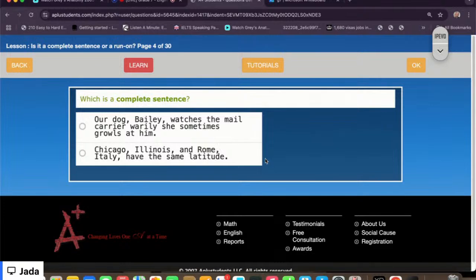So, which is the complete sentence? Our dog Bailey watches the mail carrier warily. She sometimes growls at them. Chicago, Illinois, and Rome, Italy have the same latitude. So, what is the complete sentence here?